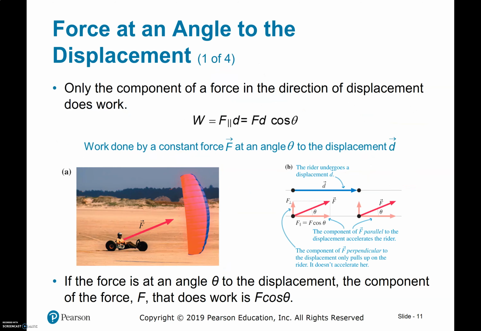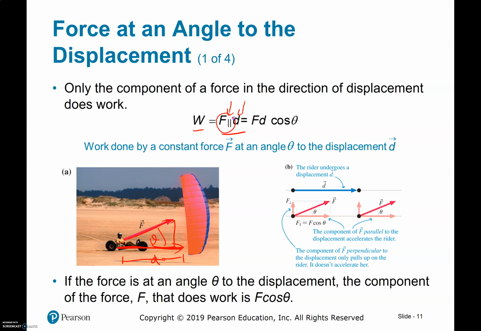So if the force is not parallel to the displacement, right? Here it's moving this way, but the force is going this way, so there is an angle here. To calculate the work, we take the component of the force parallel to this displacement, that's F parallel. We multiply by the distance this thing is moving, and we get the work.